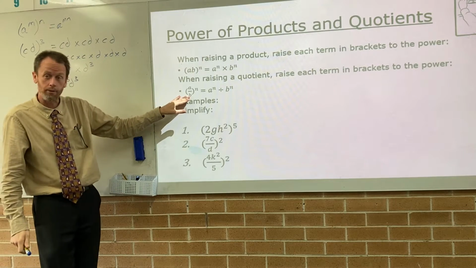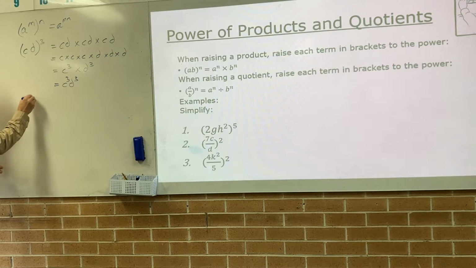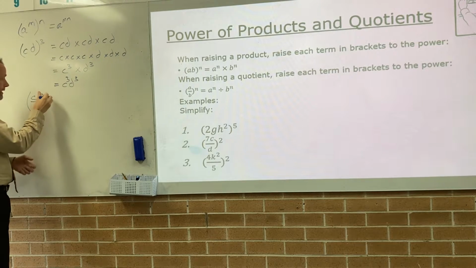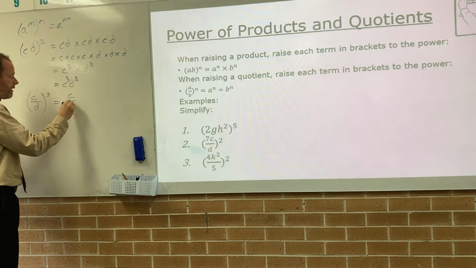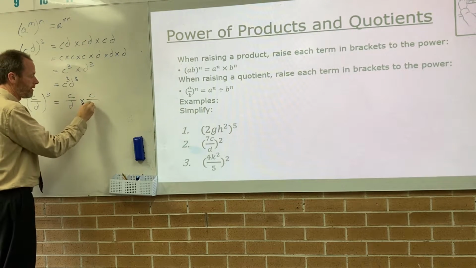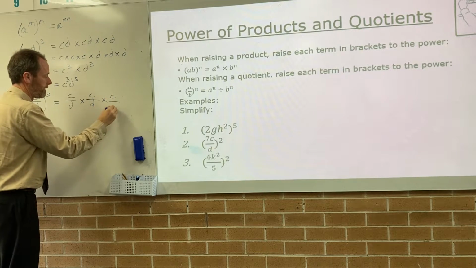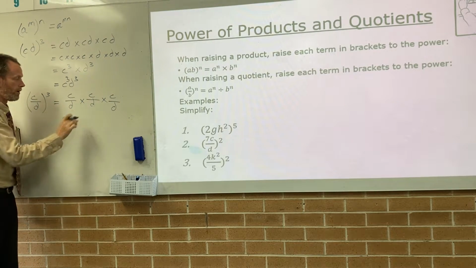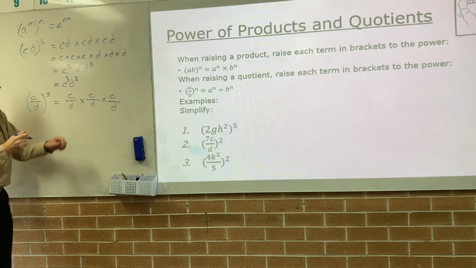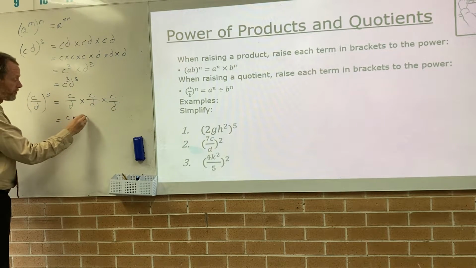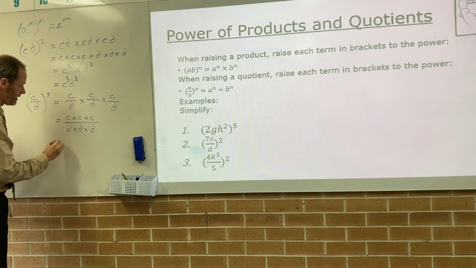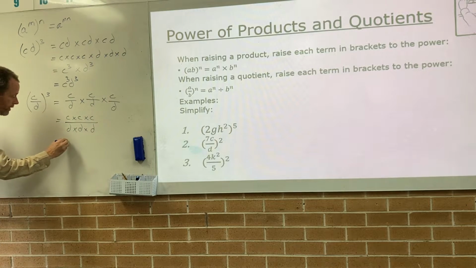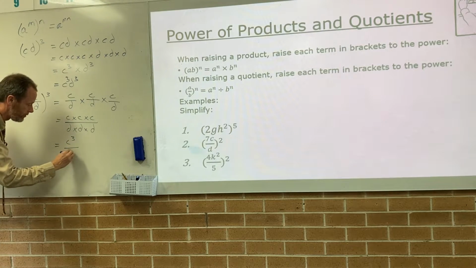Now the same thing happens if we have this one. So for example, C over D, and if we do that to the power of 3, then you've got C over D times C over D times C over D. And when I do that, you can see on the top, I've got C times C times C, and on the bottom, D times D times D, which then will simplify to C cubed over D cubed.